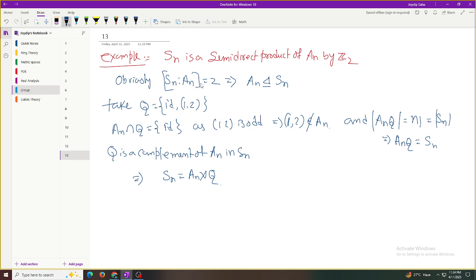Now this Q is isomorphic to Z mod 2Z. So I can write it as a semi-direct product with Z mod 2Z. Okay.